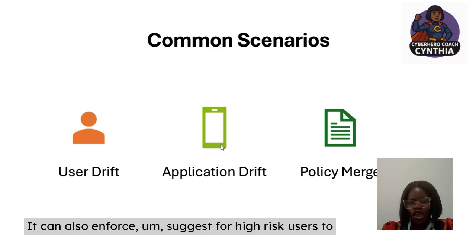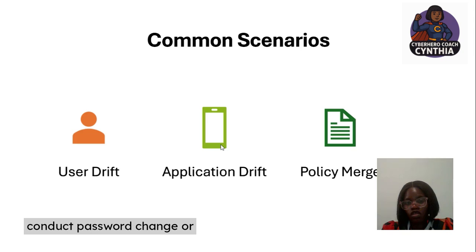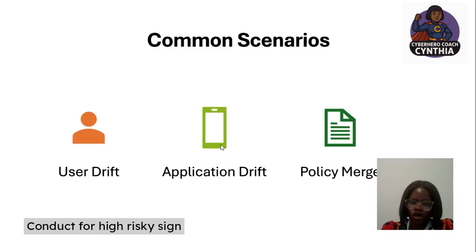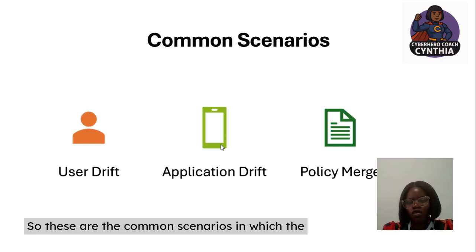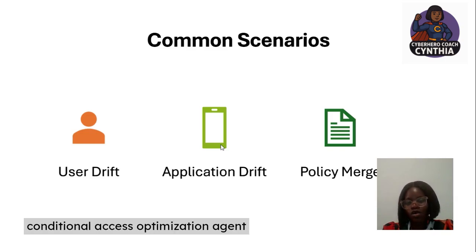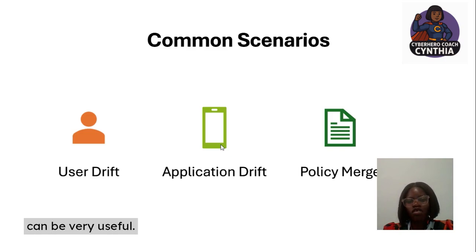It can also suggest that high-risk users conduct a password change. Or even, what about risky sign-ins? It can require multi-factor authentication for high-risk sign-ins. So these are the common scenarios in which the agent can be very useful.